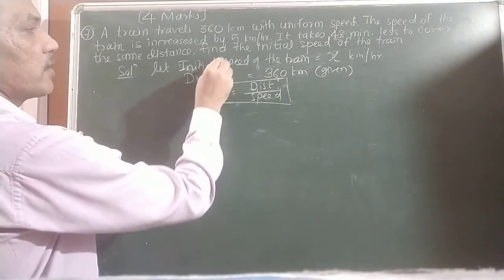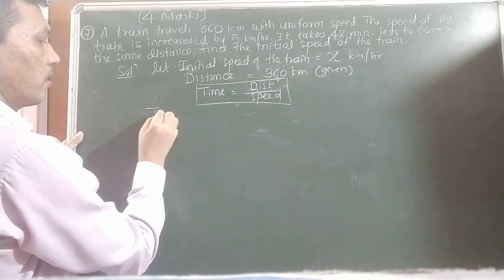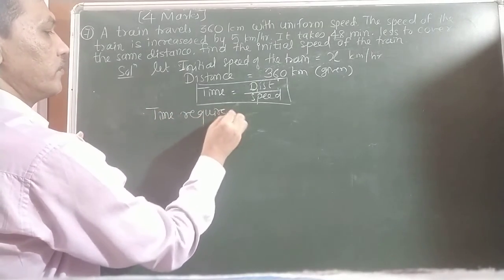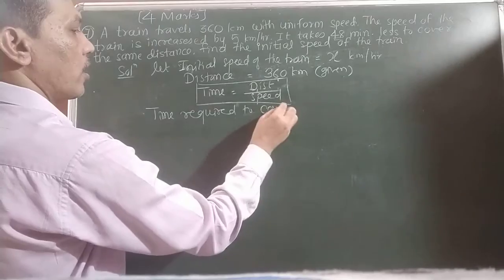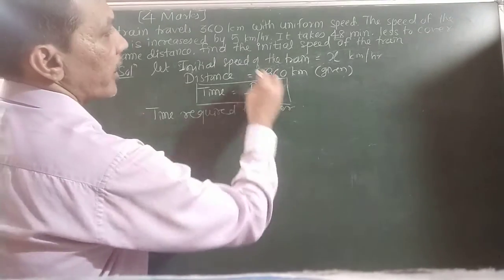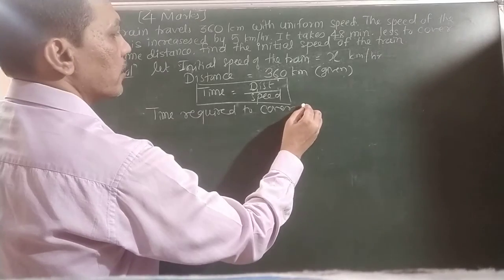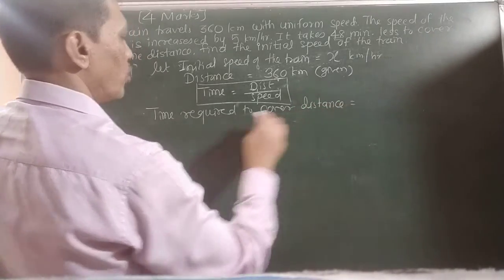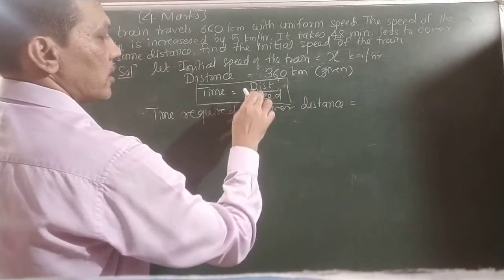So distance given, speed given. Therefore time required to cover the distance is equal to what? Distance upon speed.